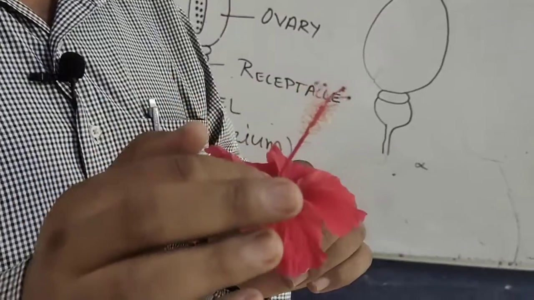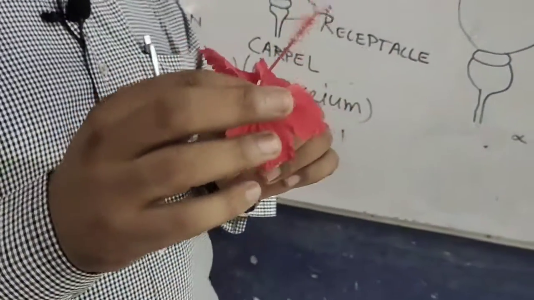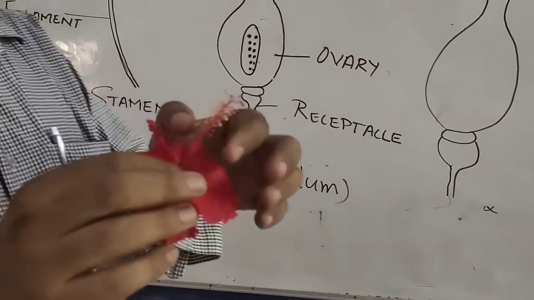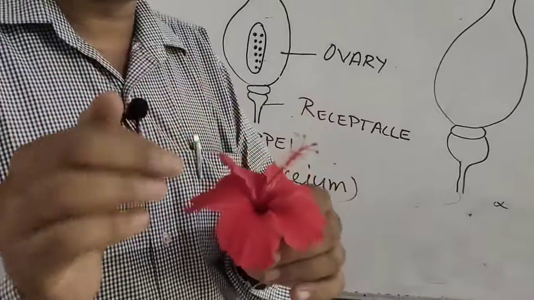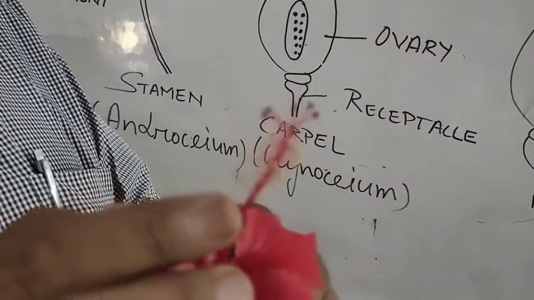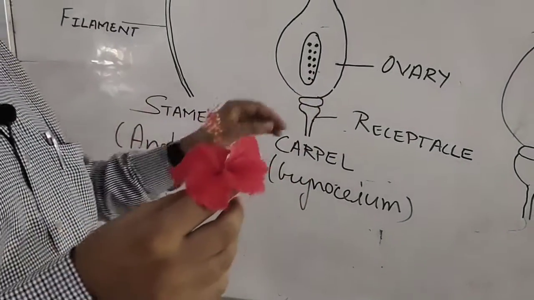Now this complete part is known as the female reproductive part, and we call it the carpel. Around the carpel you can see thread-like projections, and those are known as stamens.